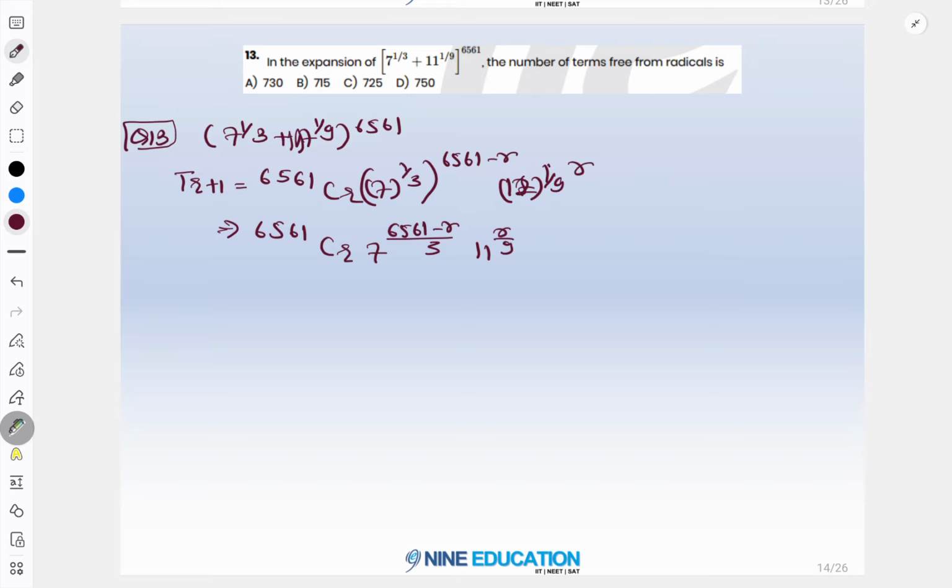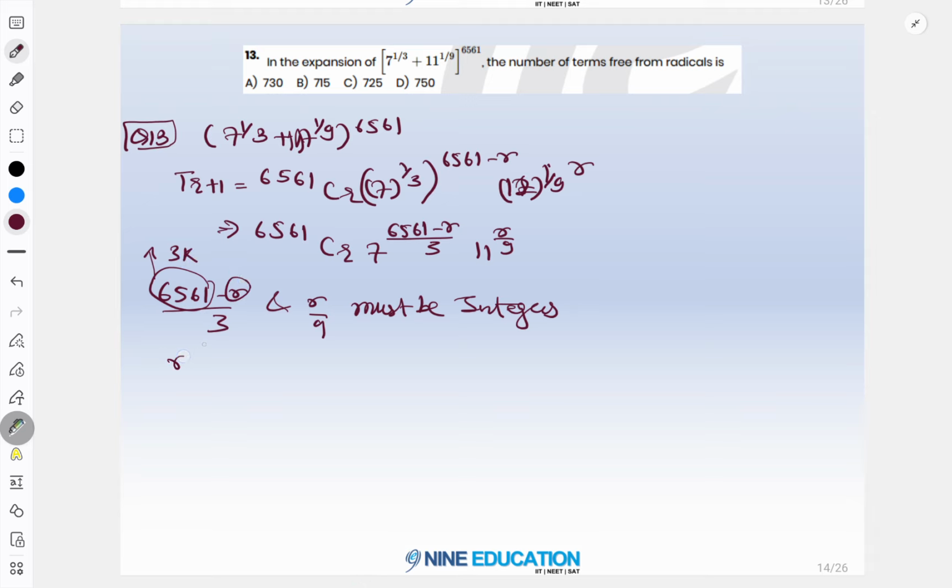For this to be the term free from radicals, (6561 minus r)/3 and r/9 must be integers. And of course they will be positive integers because the power should always be positive. Now if they are integers, then what should be true? This particular value, 6561, is clearly a multiple of 3. It is a number of the form 3k.